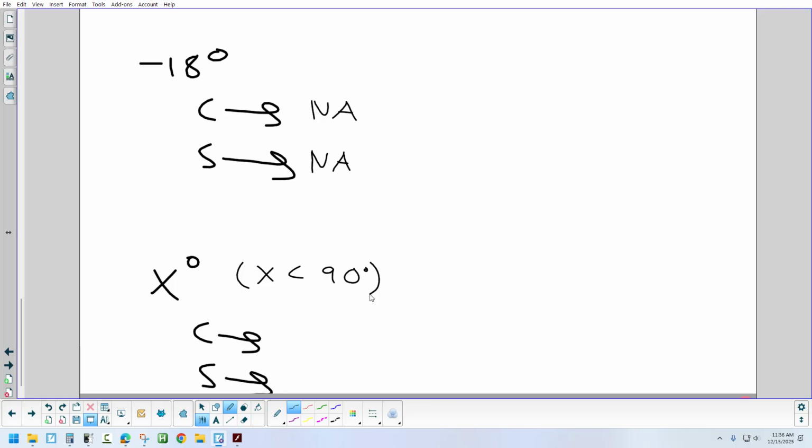It's going to be a variable expression, but it won't be any kind of inequality or equation. Would it just be x plus 90? No. Because if x was 10 and you do 10 plus 90, you get 100. That's not the complement of 10.